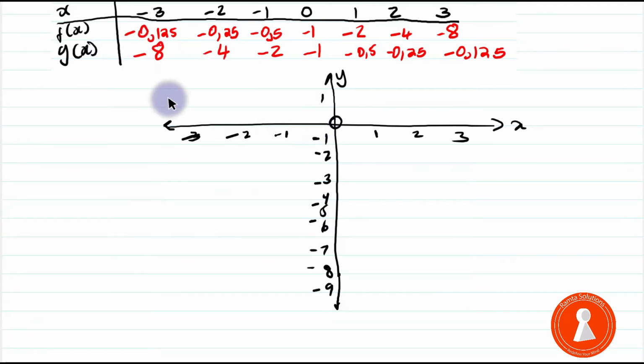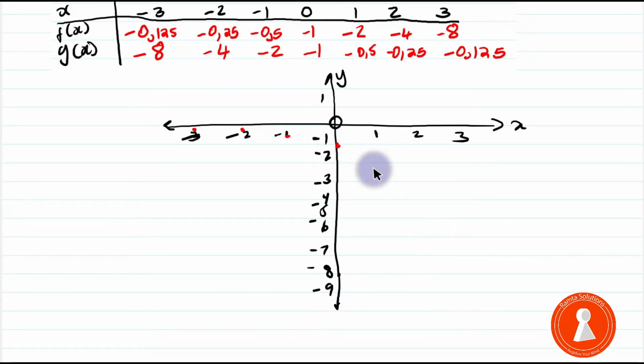So let's plot f of x. I have to change the colors. Okay, let me give it a red. When x is minus 3, it is minus an eighth, half of a quarter. When x is minus 2, it is minus a quarter. When x is minus 1, it is negative half. When x is 0, it is minus 1.